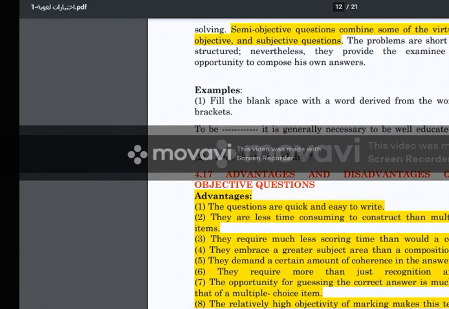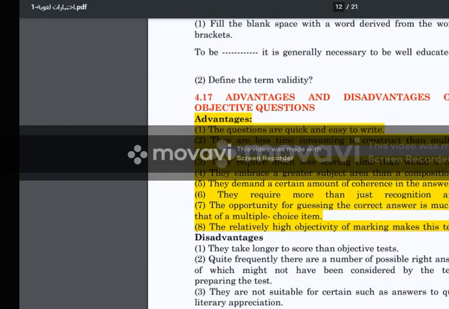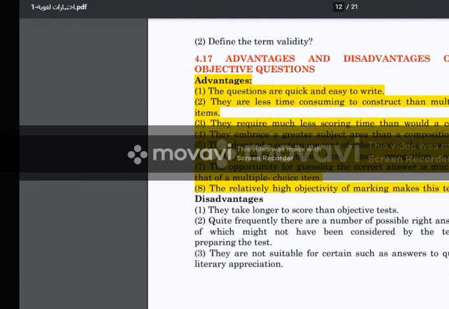You need only to write 1 to 2 sentences only, giving your brief definition of the term validity. Okay, so this is what is meant by semi-objective questions.